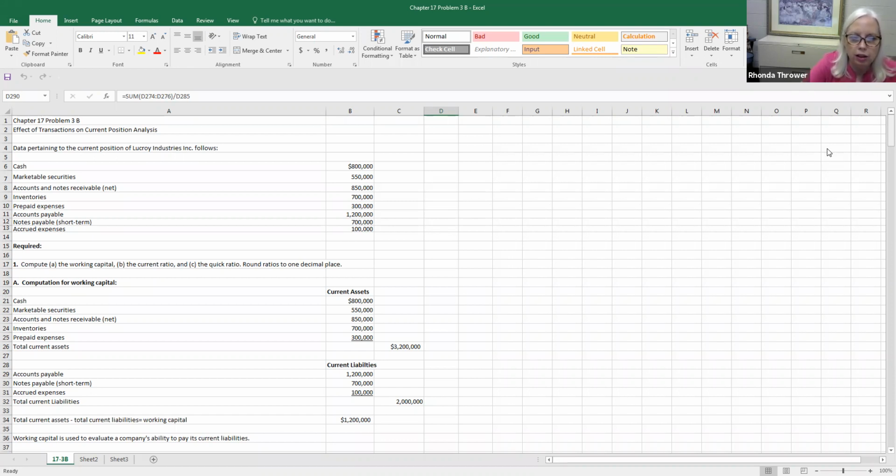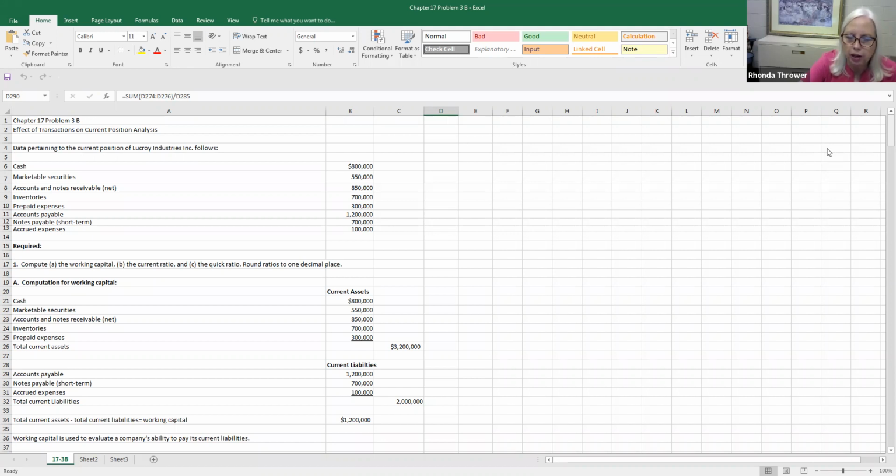So transaction A's effect on the current assets. The current assets before the transaction were this. These were the given amounts that they gave to you. But with transaction A, our cash account increased by $500,000.